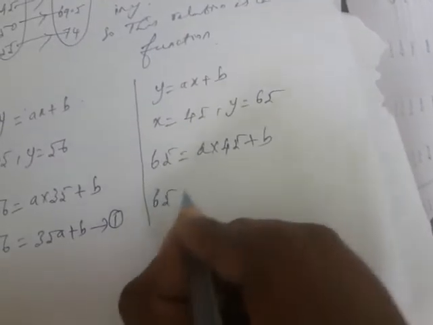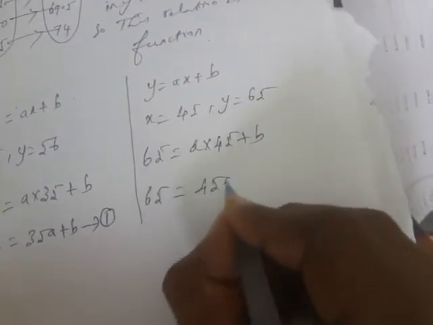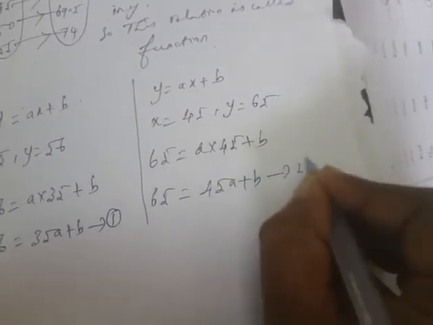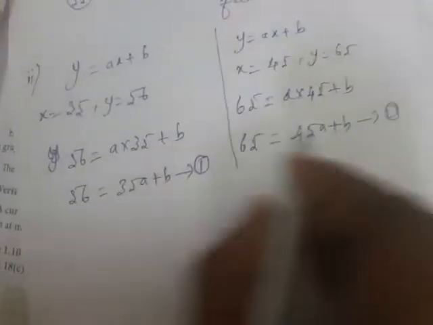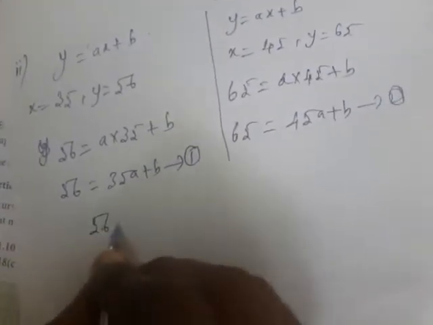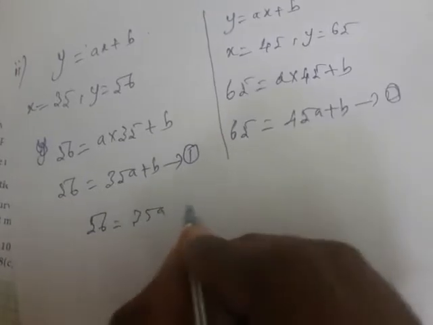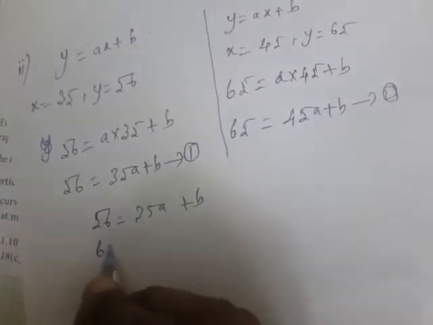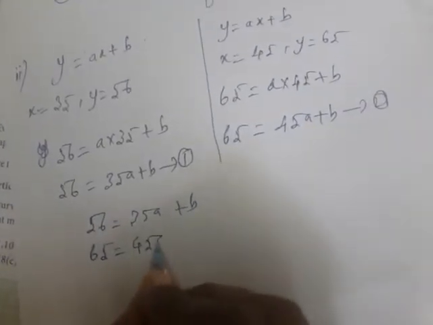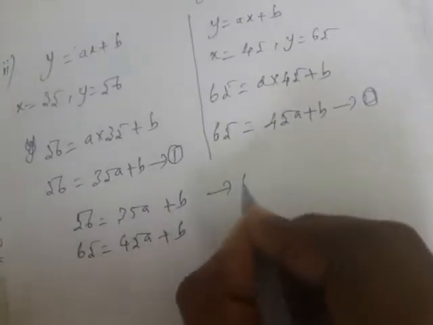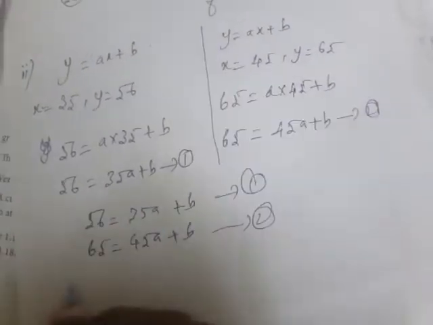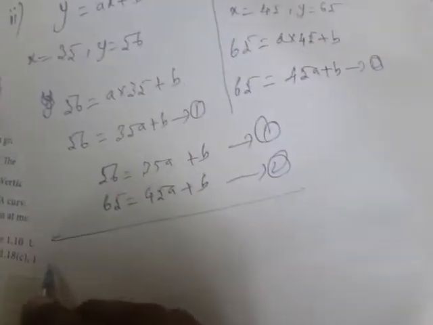So 65 equal to 45a plus b. This is equation number 2. So you have to solve these two equations: 56 equal to 35a plus b, equation 1, and 65 equal to 45a plus b, equation 2.